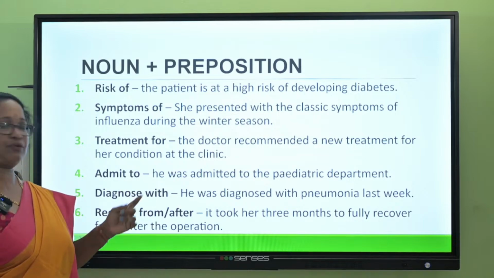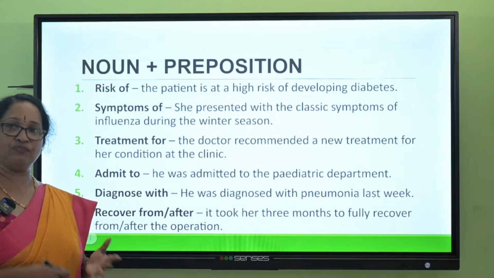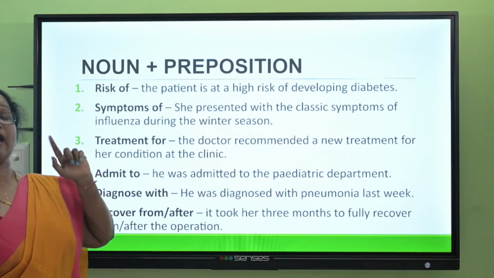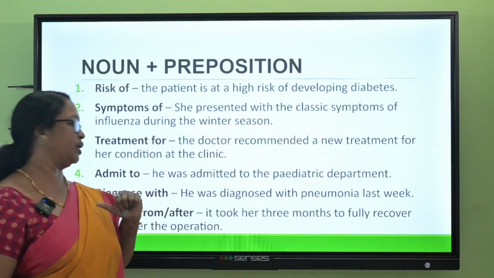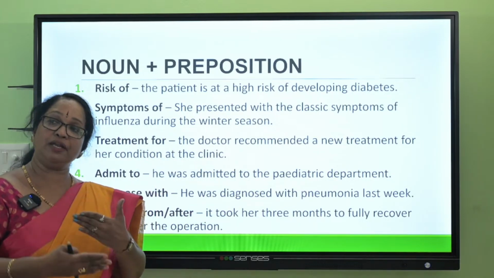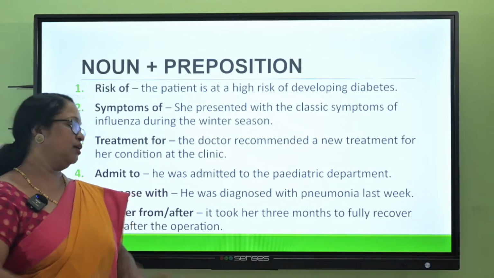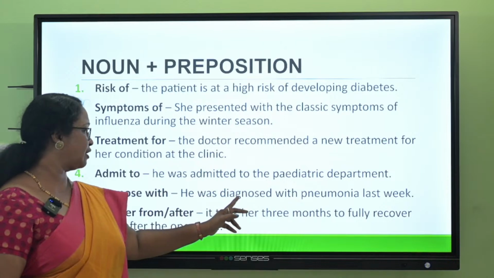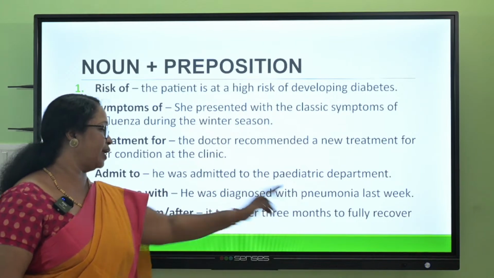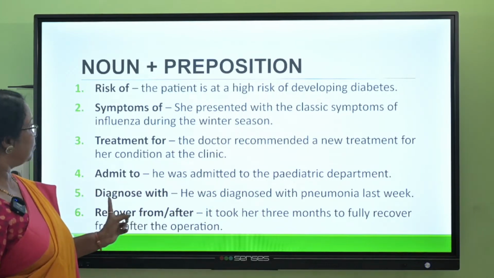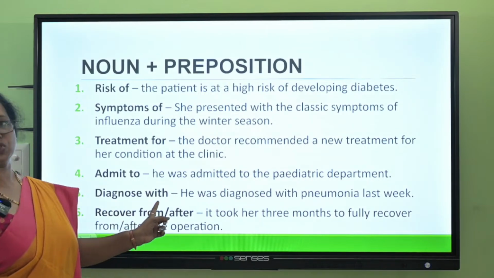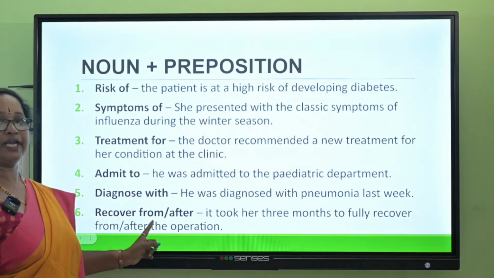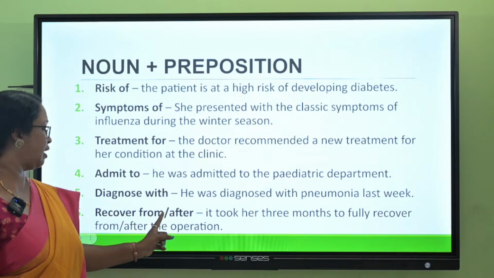Already we know that one. He was diagnosed with pneumonia. He has been diagnosed with cancer. So we see that one, was diagnosed with, that is a noun plus preposition.